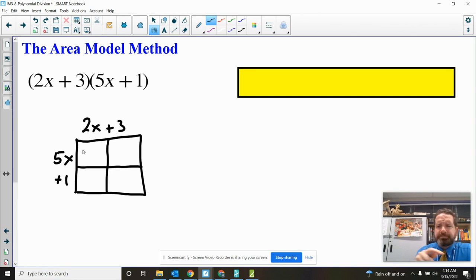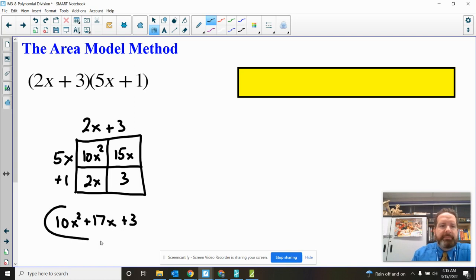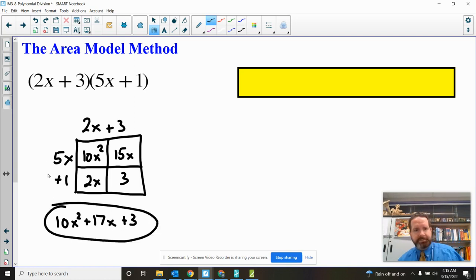So take a moment, you multiply yours out, I'll multiply mine out, we'll see where we end up. Okay, so putting it all together then, I see 10x squared plus 17x plus 3. You ended up in the same spot.